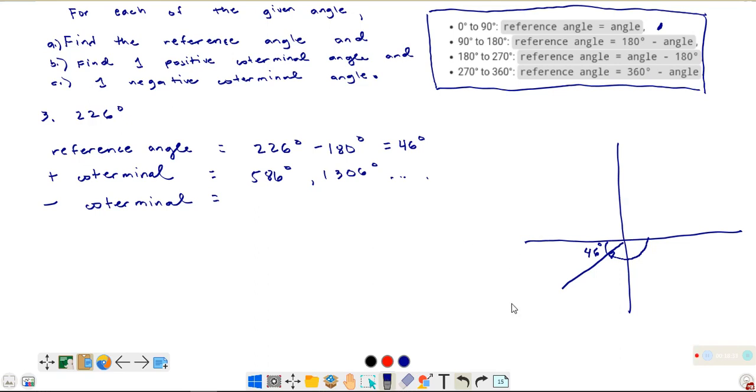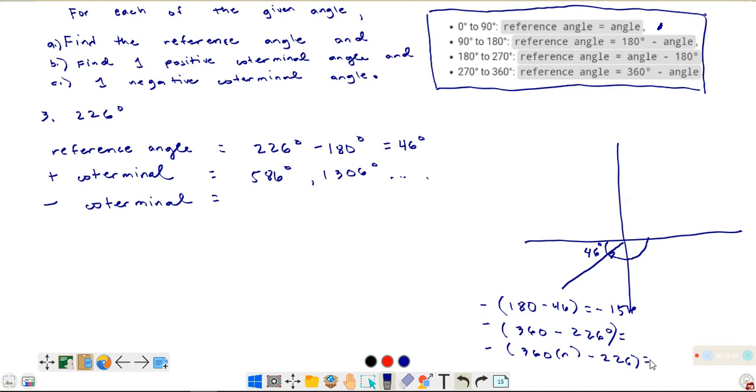Pwede mo siyang gawing 180 minus 46. Siyempre, negative siya. We have 180 minus 46. It is negative 156. Or, yung kanina pa natin ginagawa, negative 360 minus yung given na angle mo, which is 226 degrees. And pwede mo pa to i-expand, negative 360 times n minus 226.